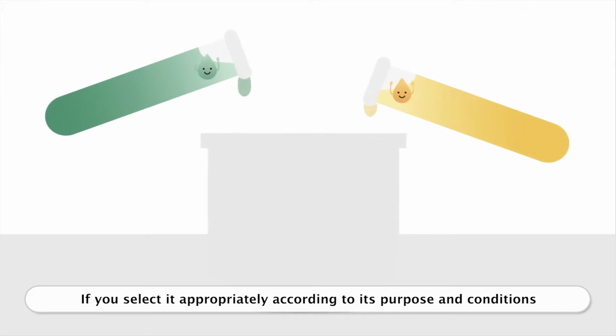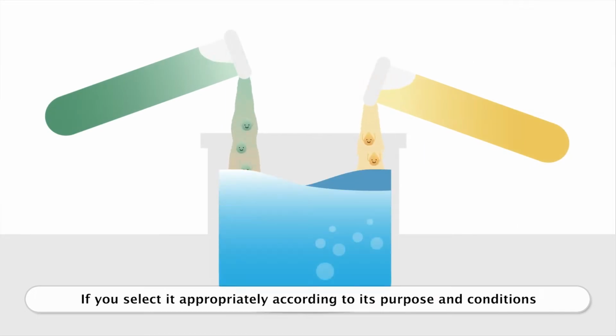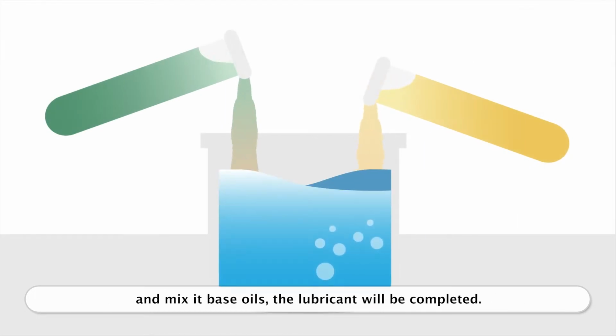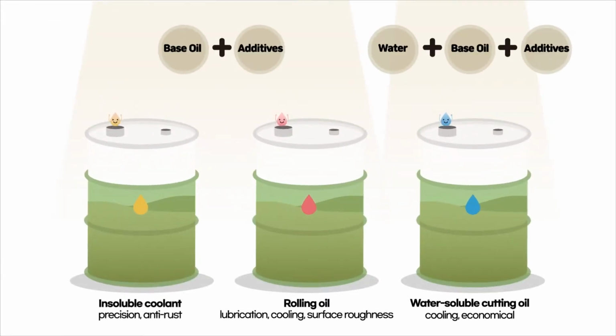If you select them appropriately according to purpose and conditions and mix them with base oils, the lubricant will be completed. The choice of additives is very important in the process of producing lubricants, because adjusting additives according to production conditions can adjust the properties of lubricants.